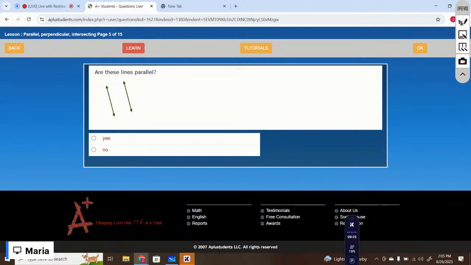Are these lines parallel? Yes, they are parallel. Parallel lines are the ones that never intersect each other. So yes, they are parallel.